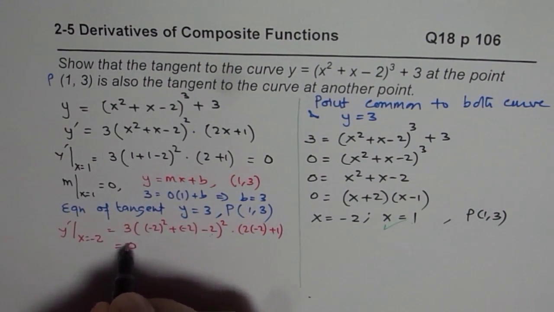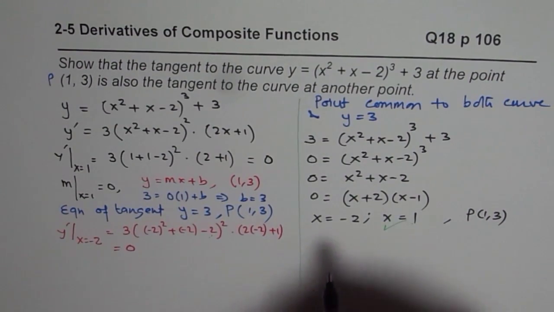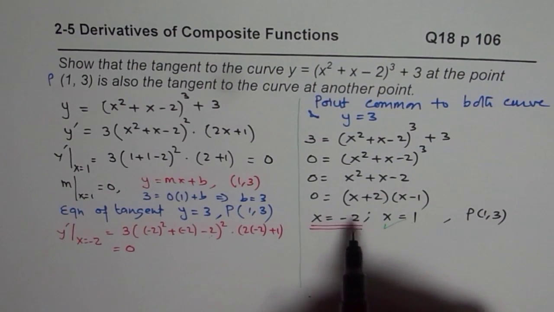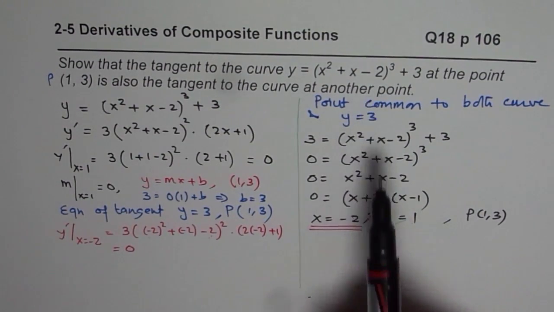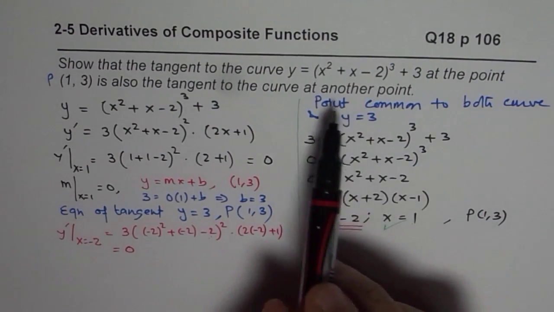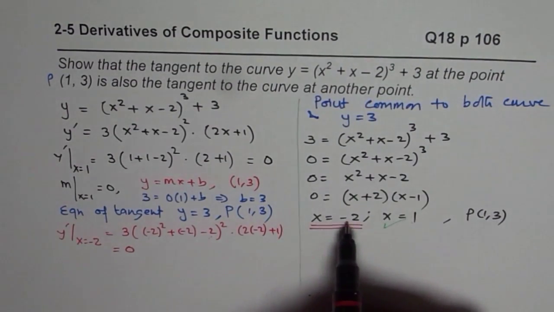So this is indeed 0. That means at the point x equals minus 2, the function and this tangent line are touching at just one point. They are tangent to one another since the slope is 0. So the other point is when x is minus 2.